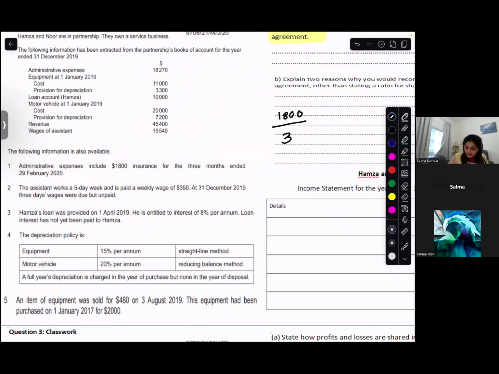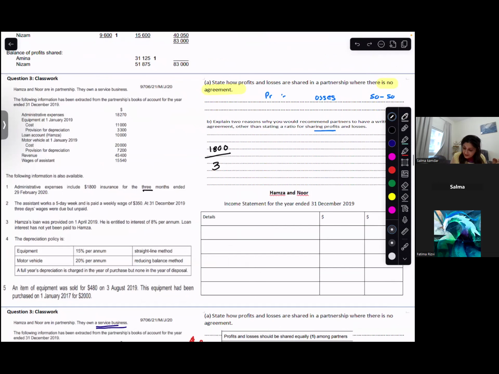And this 3 months is ending on 29th February 2020. Whenever something like this is there, you will always go and see your year end. Your year end is 31st December 2019, but I have paid till 29th February 2020.